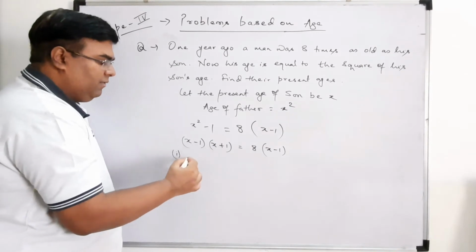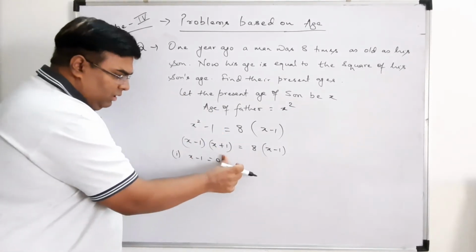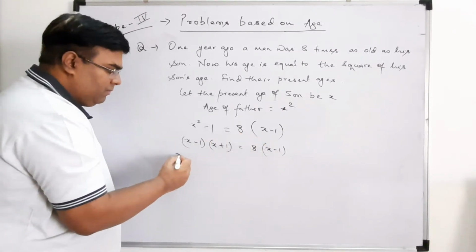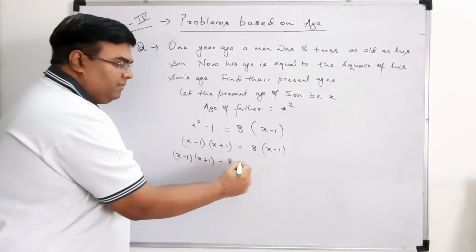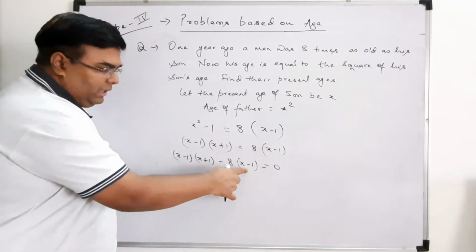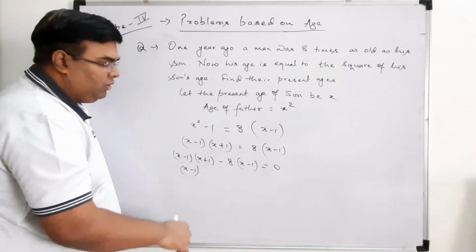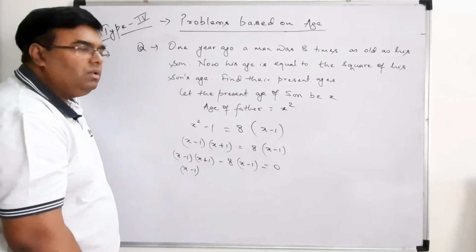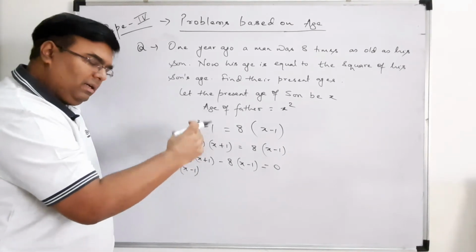First case, when x minus 1 is equal to 0, or what you can do is bring all the terms to the left hand side like this, and now take x minus 1 common. You should never cancel the terms immediately, okay? It will lead you to a wrong answer. So try to bring it to the last.